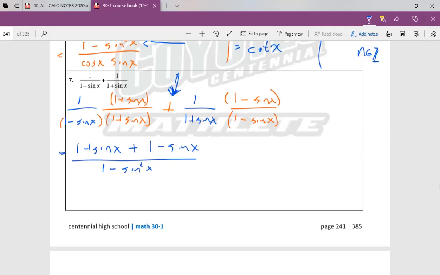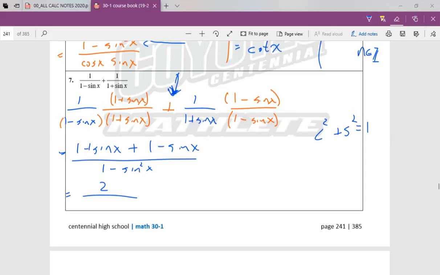So this is going to tidy up really quick. What do we have left in the numerator? 1 plus sine plus 1 minus sine is 2. And then downstairs, here's your Pythagorean identity again: cos squared plus sine squared is equal to 1. Do not abbreviate when you're showing your work, don't do that kind of stuff on your diploma exam or in university next year.